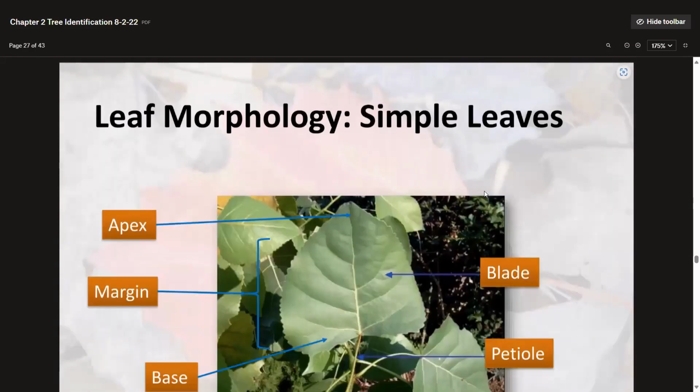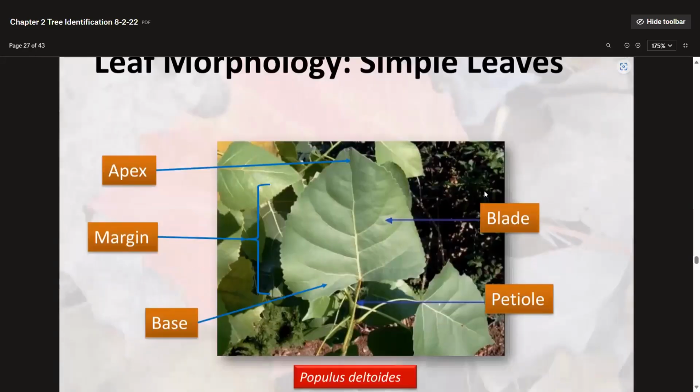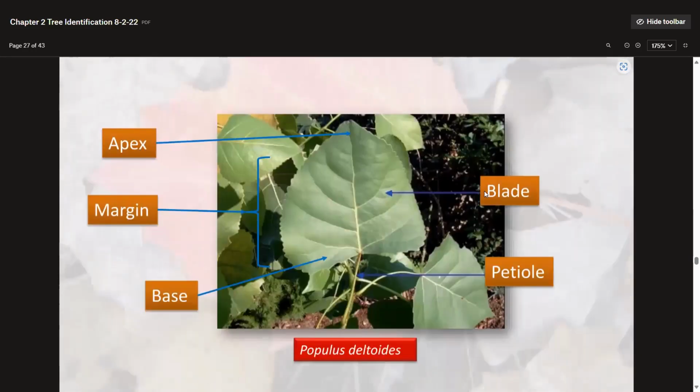On leaf morphology, let's talk a little bit about simple leaves. So here's what I was talking about, the breakdown of what the different parts of the leaf are. You have the apex at the top of the leaf. The margin is the sides, the base is where it attaches to the petiole, which goes to the branch.